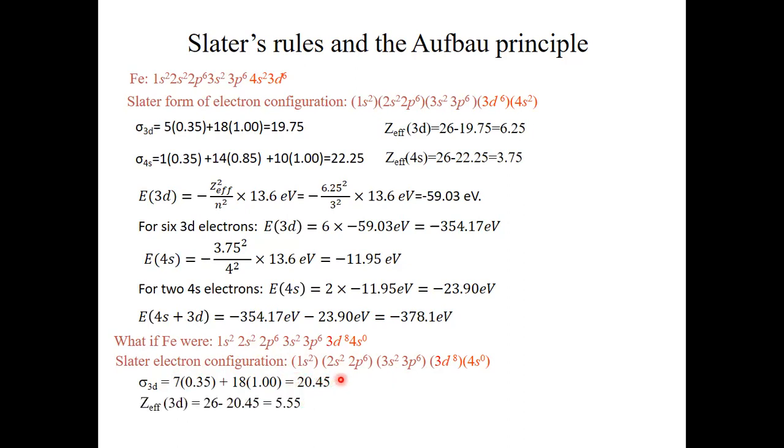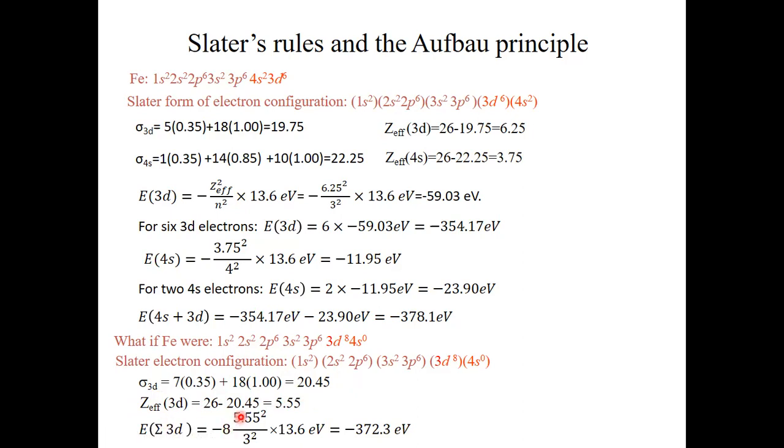So now we can calculate the effective nuclear charge on a 3d electron, which is now 26 minus 20.45, which is equal to 5.55. With that, we can calculate the energy of the electrons, and we directly consider all the 8 electrons.